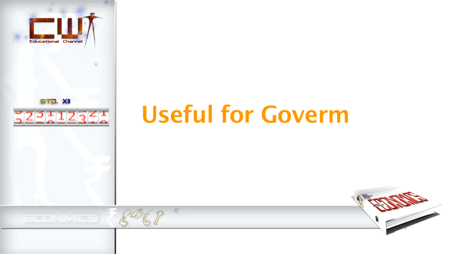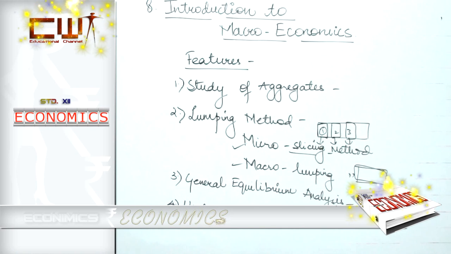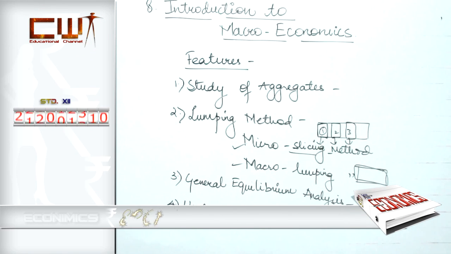Next is usefulness for government policies. The study of macroeconomics is highly useful for the formulation and implementation of the economic policies of the government. The government is concerned with the regulation of aggregates of the economic system, such as the general price level, the general level of production, the general level of employment, and so on.